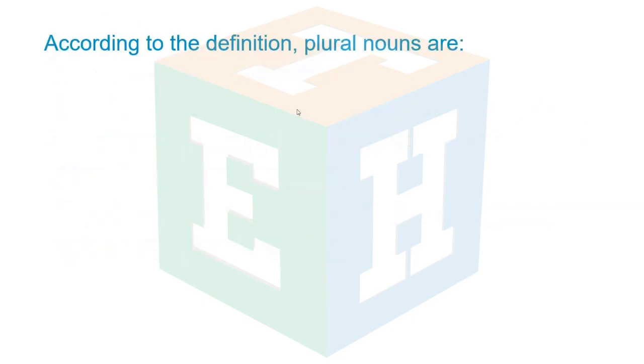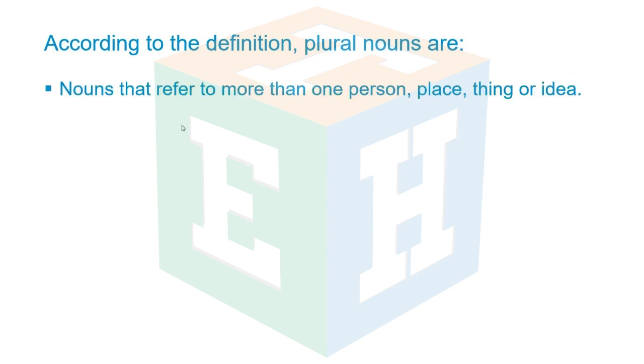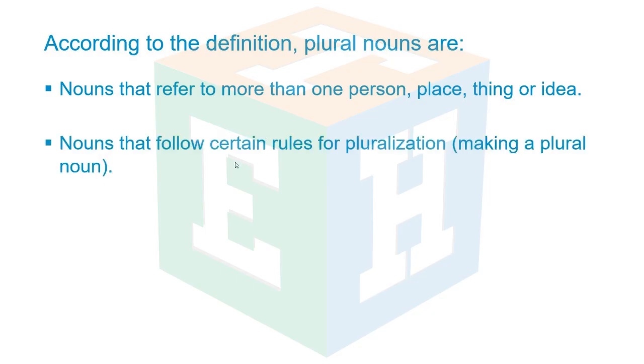According to the definition, plural nouns are nouns that refer to more than one person, place, thing, or idea. Nouns follow certain rules for pluralization, making a plural noun. Nouns that show plurality, more than one.